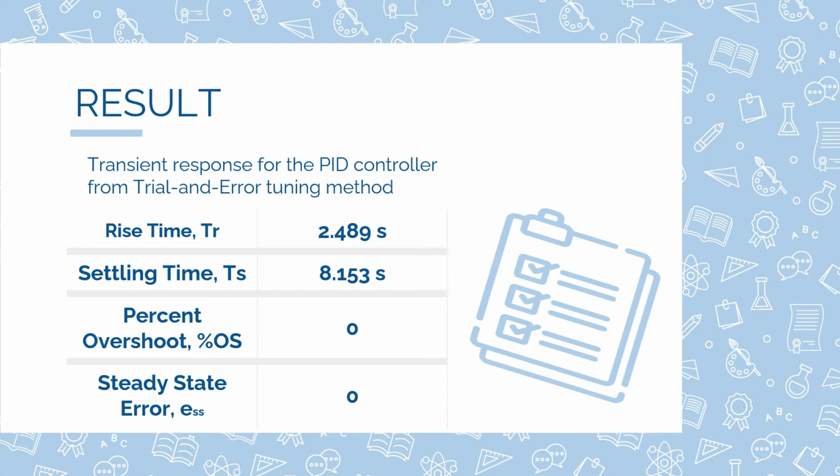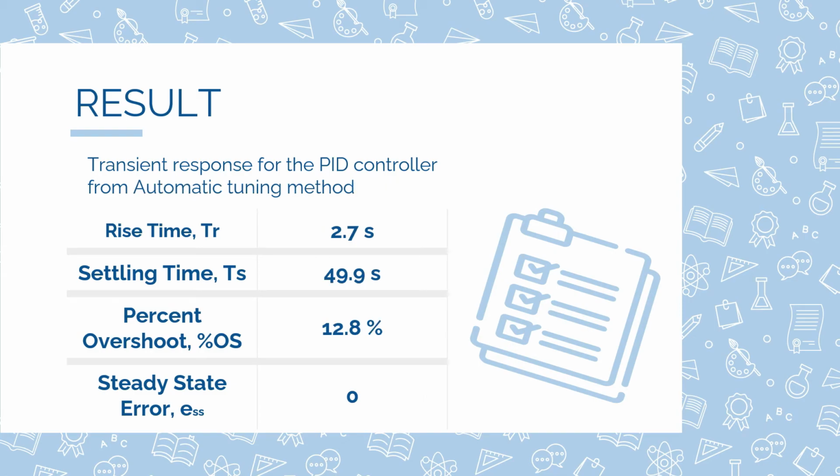Next is the PID controller from the trial and error tuning method. As you can see, the rise time is slightly slower, which is 2.489 seconds, and the settling time is 8.153 seconds. The percent overshoot and the steady state error remain the same, which is 0% and 0 steady state error.